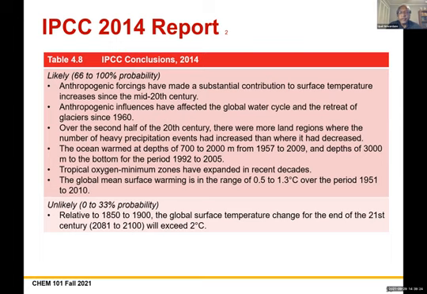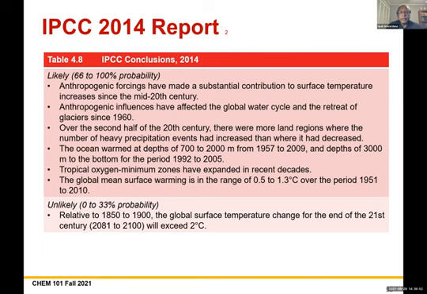Over the second half of the 20th century, there were more land regions where the number of heavy precipitation events had increased than where it has decreased. Precipitation is because of the heat in the atmosphere. Water condenses and may create rain and gets evaporated, and it happened more frequently.